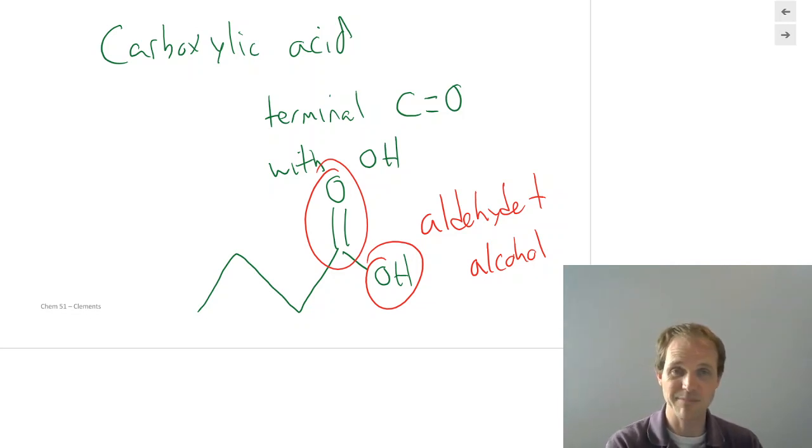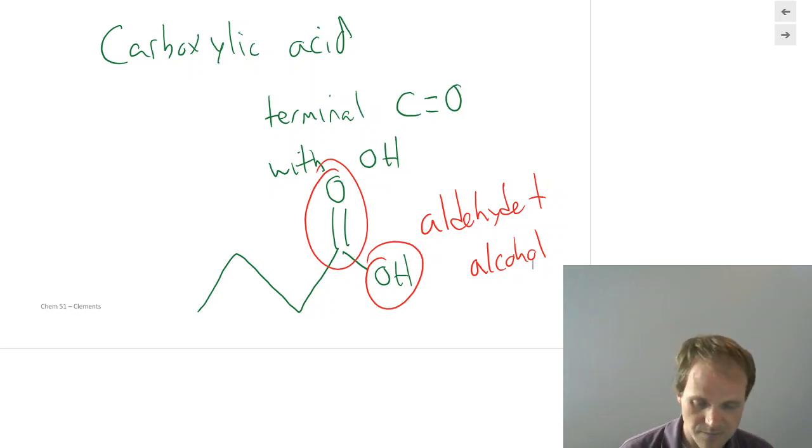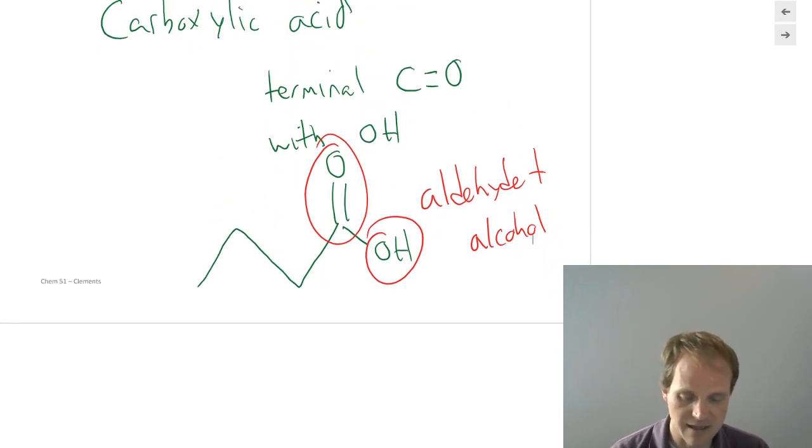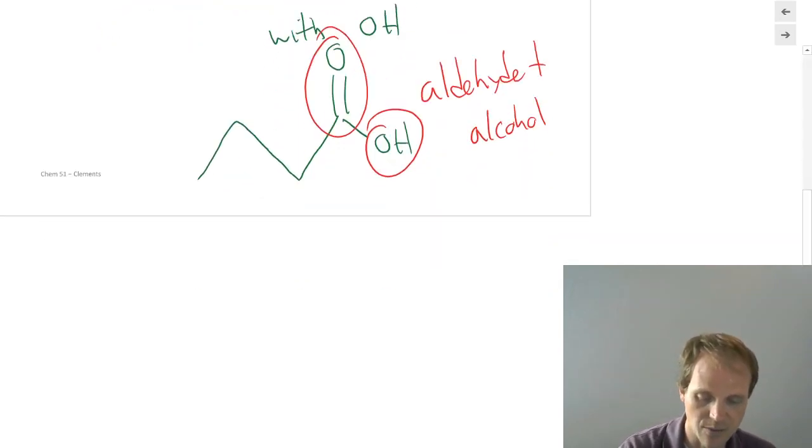Yes, it's an aldehyde plus an alcohol. But as soon as you put them together, you have pizza. And this pizza is called carboxylic acid. So don't try to circle both of those and tell me it's an aldehyde and alcohol. That's incorrect. It is a carboxylic acid. Terminal C double bond O with OH.